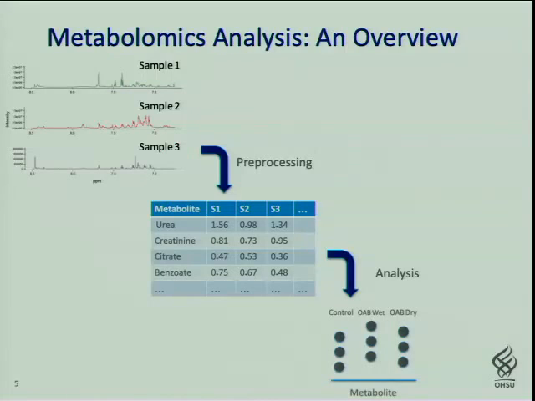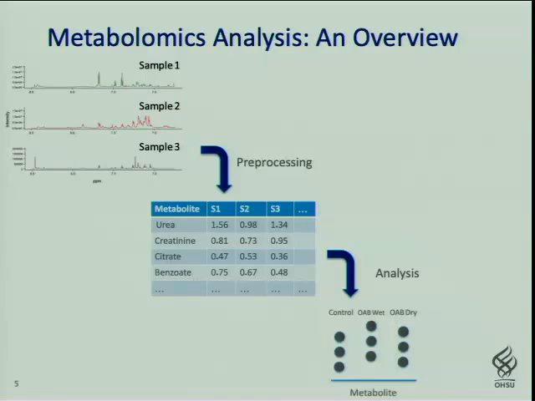As you can see, there are different peaks that differ between each sample. These peaks are related to specific metabolites, and they can be identified and then quantified. This sample has a peak here that this sample does not, and therefore this sample would have that specific metabolite, whereas this one would lack that metabolite, and we can see that through our analysis.